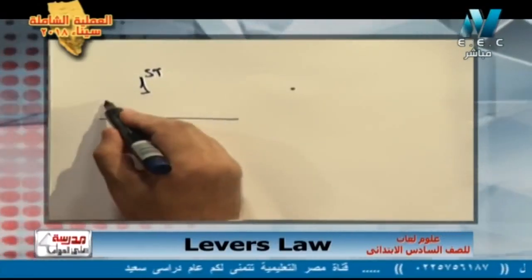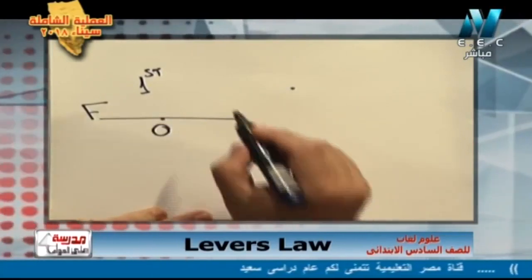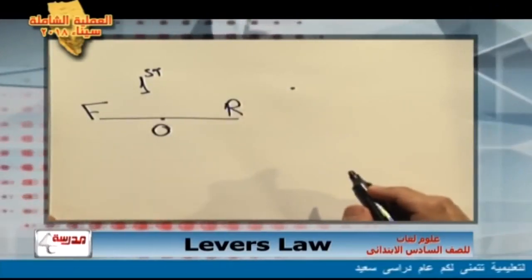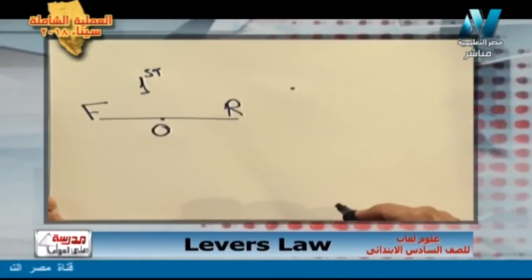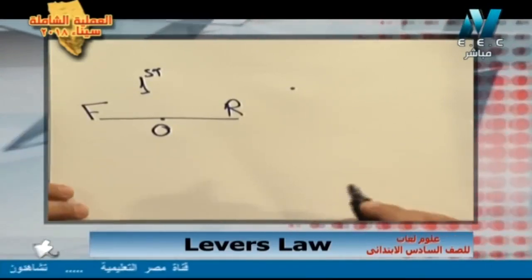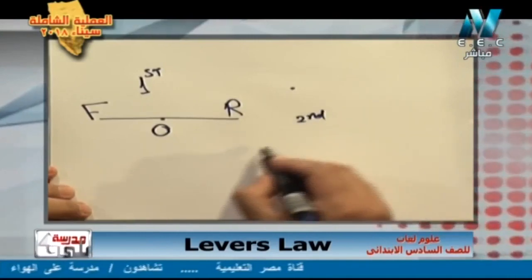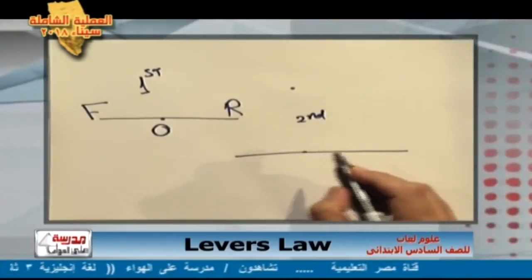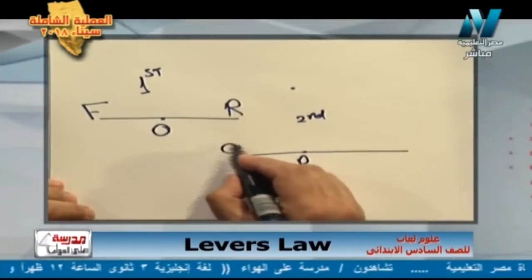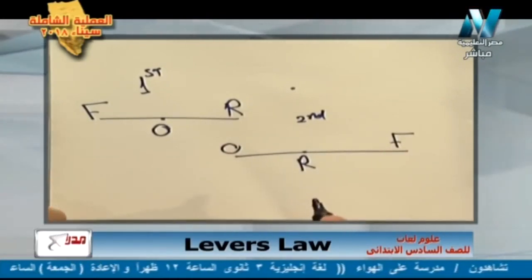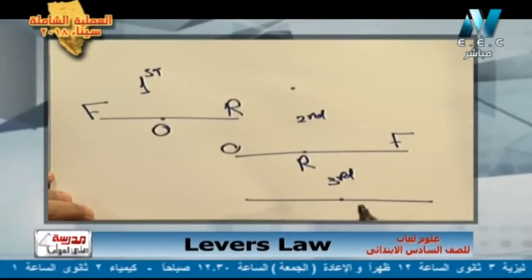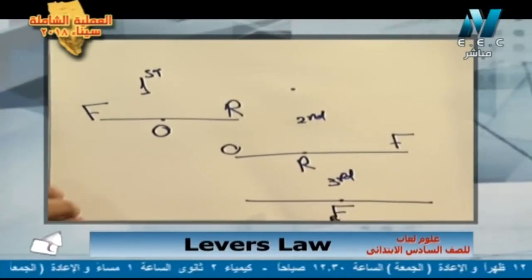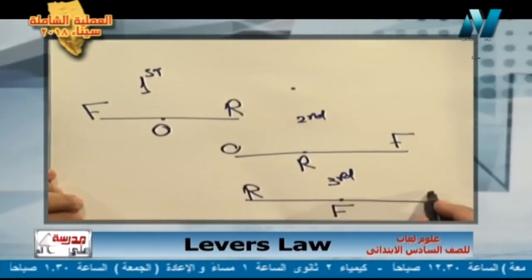So in first class lever we have O between F and R. O is the symbol of fulcrum, R the symbol of resistance, F the symbol of effort force. Second class lever has R, the resistance, between O and F. What about third class lever? Third class lever has F, the effort force, between R and O.